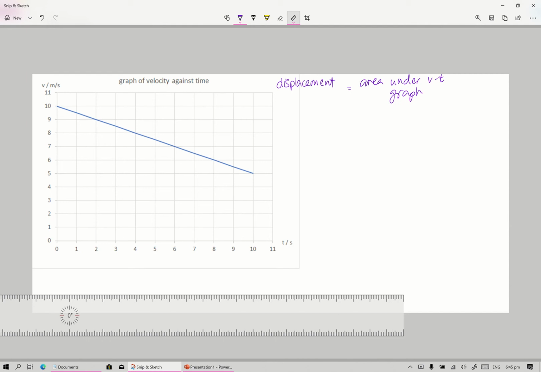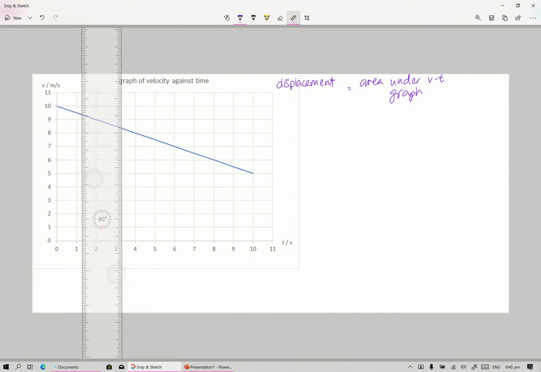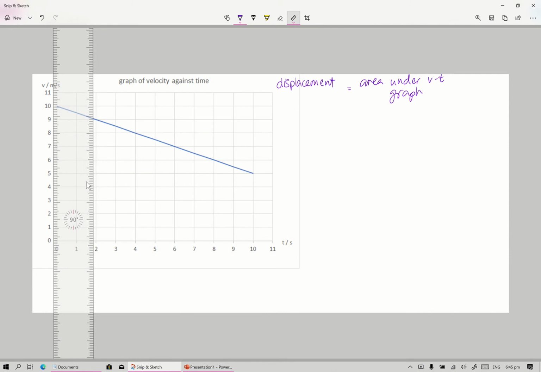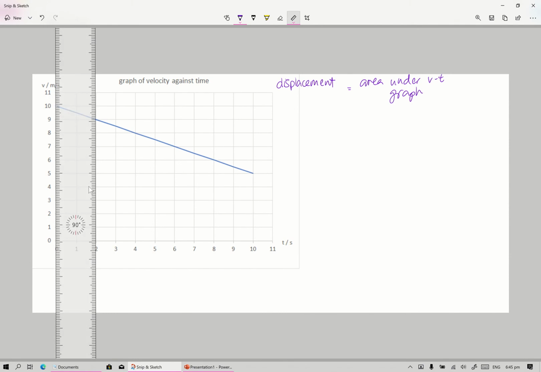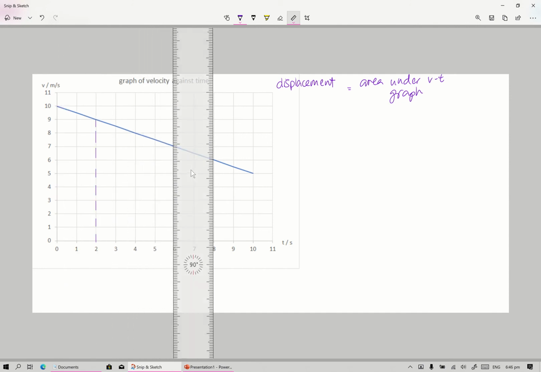Now we need to know the displacement covered by the object from what point of time to what point of time. I mean, not just displacement, but we need the time interval. So the time interval, let's say it's from 2 seconds to, let's say, 8 seconds.